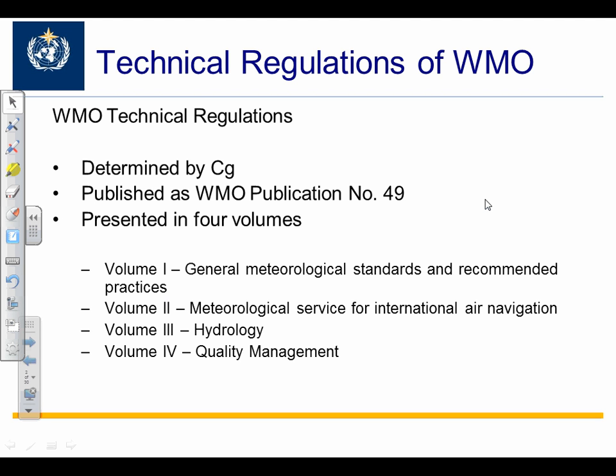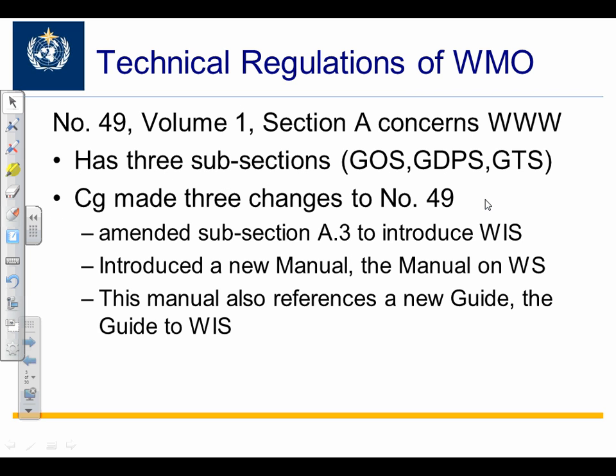Now, the volume number 49, volume 1, section A concerns the World Weather Watch program, and it has 3 subsections. Are you still with me? So A1 is the Global Observing System, A2 is the Global Data Processing System, and A3 is the Global Telecommunication System.